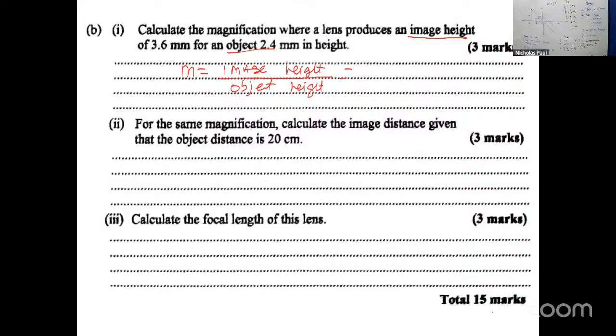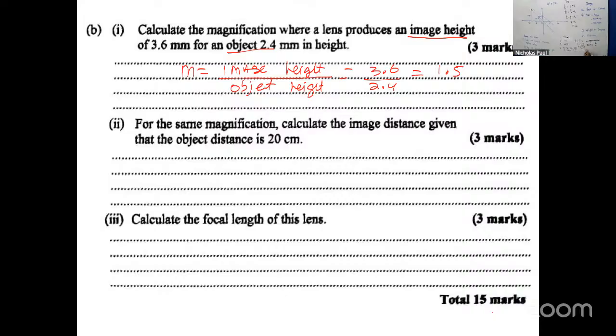Gabi, where did you get it? 2.6 and 2.4. How much did you get? 1.5, right? Nice. For the same magnification, find the image distance. Remember, M has two formulas.